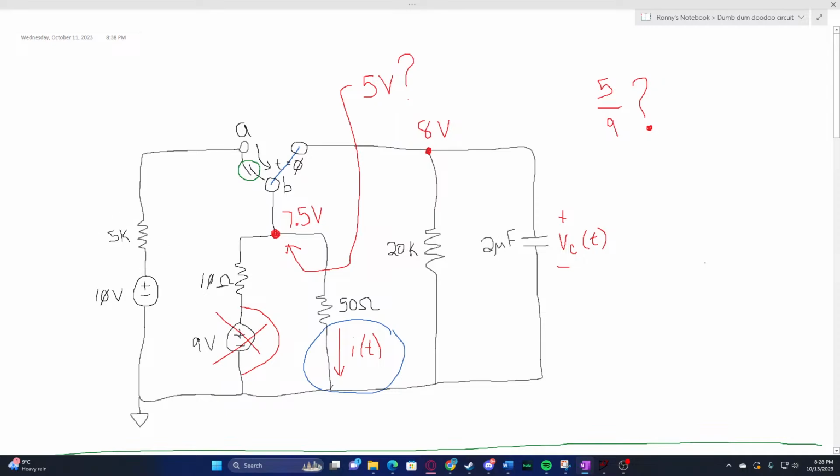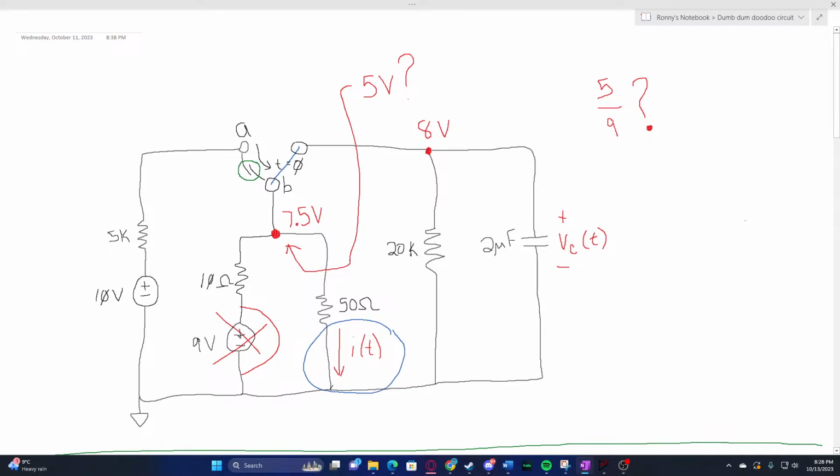But how did they get the voltage? That's my thing, right? Yeah, how did they get that? How would they accidentally maybe throw in that 5K? Maybe they were just tired when they did this one. I don't know.